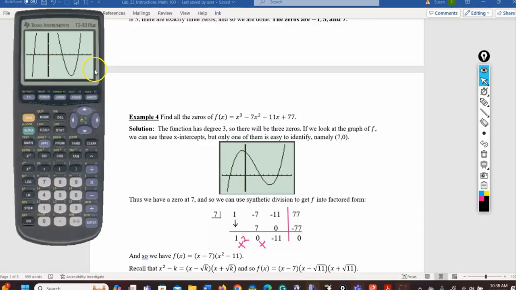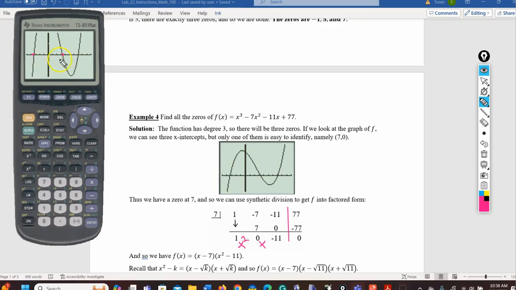Okay. Now, here's the thing. I can see that I have 3 x-intercepts, but they are no longer whole numbers, integers, easy to read off. This x-intercept comes somewhere between -3 and -4, and I do not know what it is exactly. This x-intercept comes somewhere between +3 and +4.